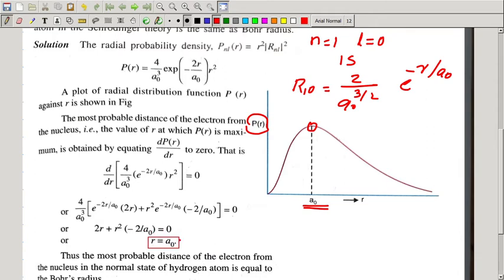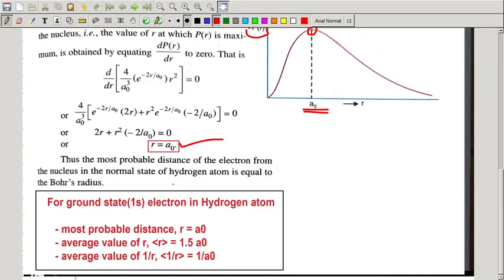This implies r is equal to A0. So the maximum occurs at r equal to A0. So that is the most probable distance. So for the ground state or 1s electron of the hydrogen atom, the most probable distance is r equal to A0.